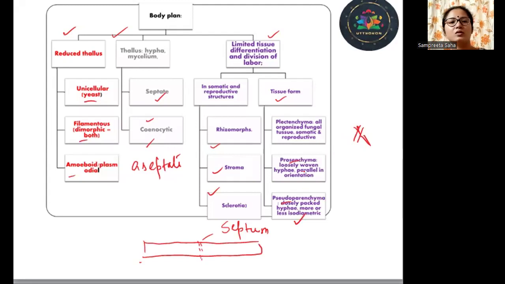Those are the storage cells, the simple tissue, which comes under the simple tissue of the chapter plant tissue. You've heard about it. So pseudoparenchyma means they almost appear like parenchyma. They are not parenchyma. They are made up of fungal hyphae. But the interconnection is so compact, they are so compactly arranged, they give this appearance of parenchyma. So this is the general body plan that is existing in the kingdom fungi.